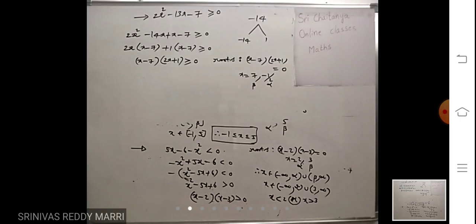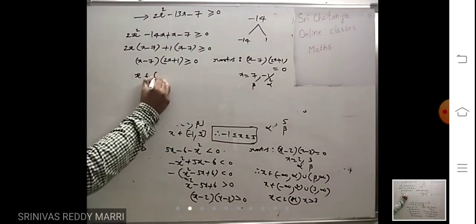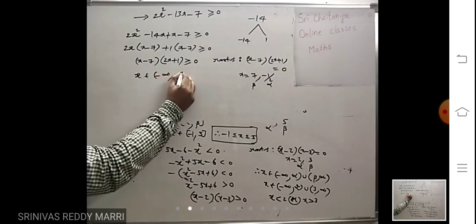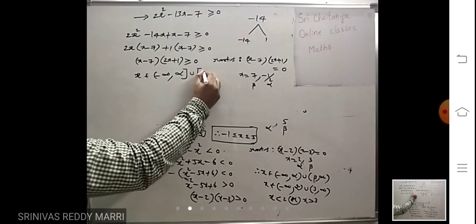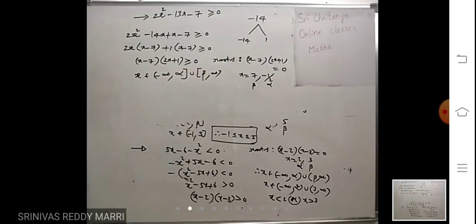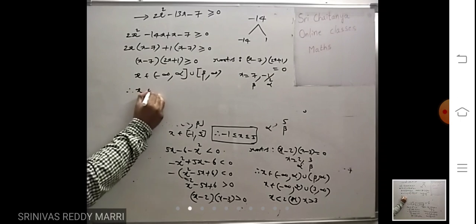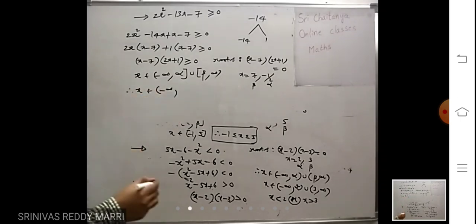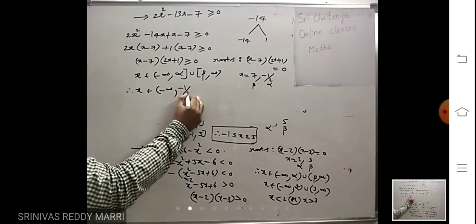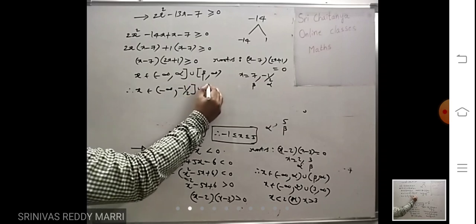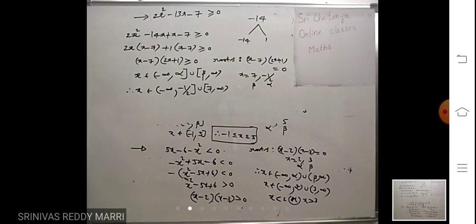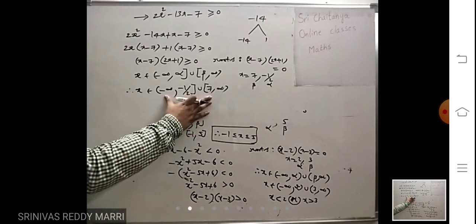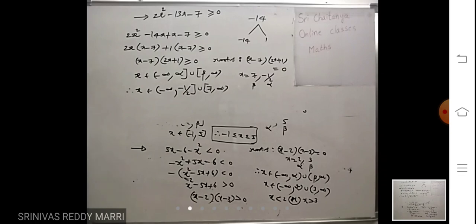Smallest one is alpha. So greater than or equal to 0 means what is the answer? X belongs to minus infinity comma alpha closed union beta comma infinity. Therefore, x belongs to, what is the answer? Minus infinity comma minus 1 by 2 union 7 comma infinity. This is the solution set. These values of x will satisfy that inequality.